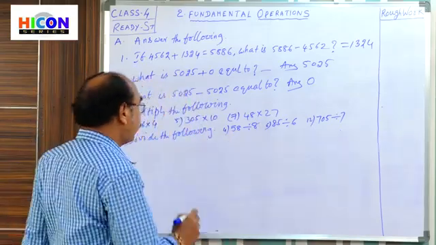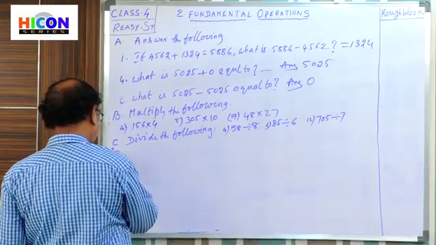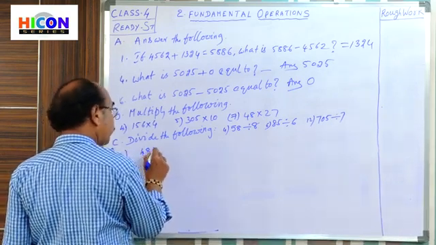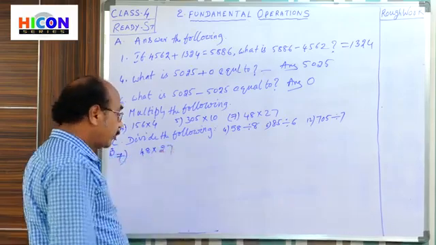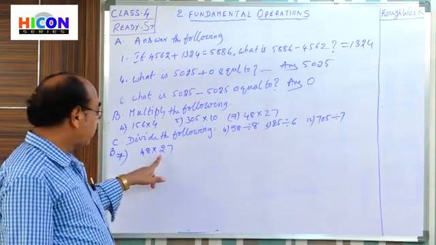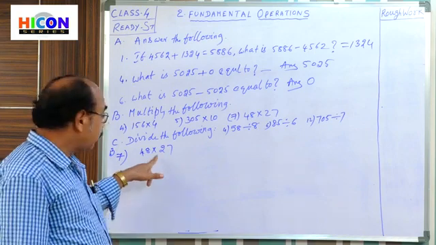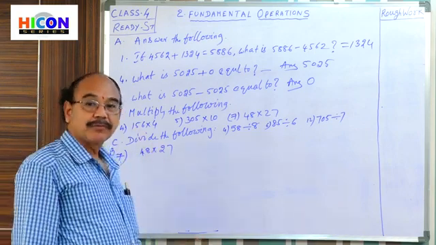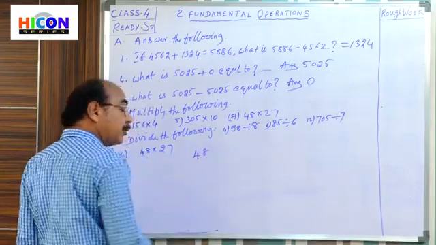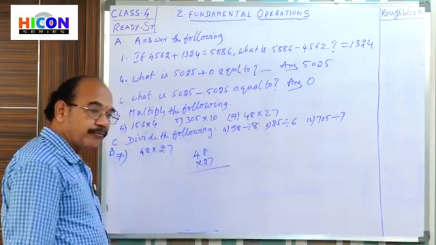Now come to the seventh one. 48 into 27. This is the multiplication. A 2-digit number is to be multiplied by a 2-digit number. So here 48 is to be multiplied by 27.